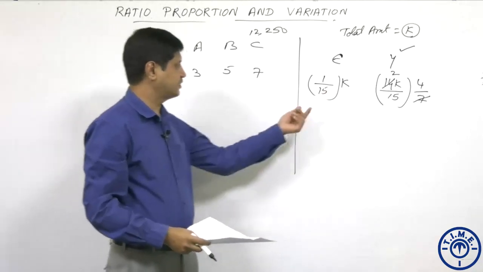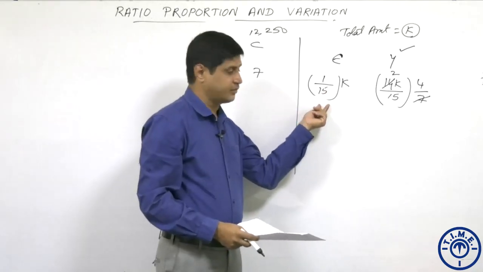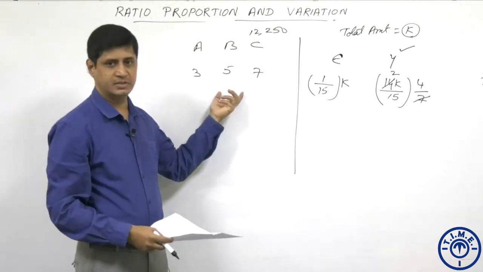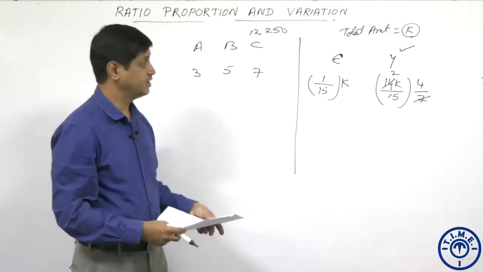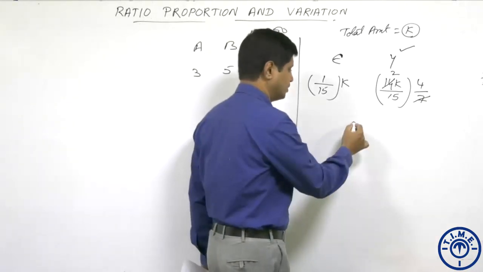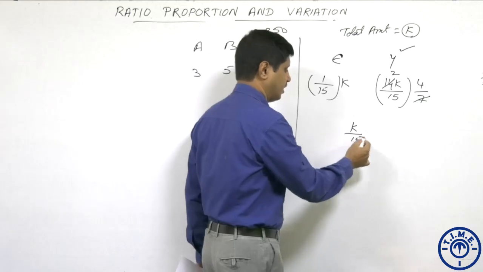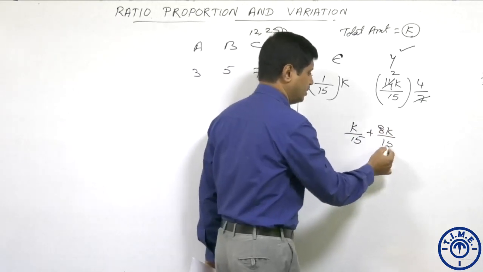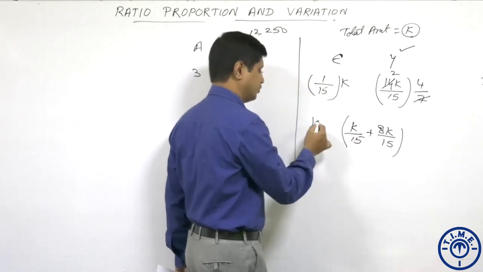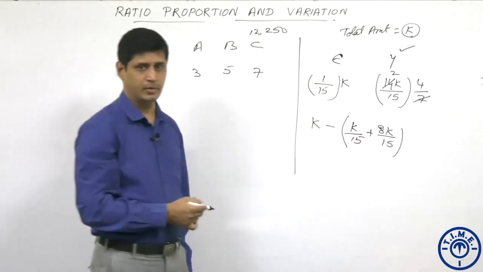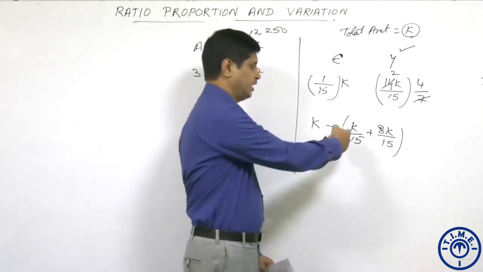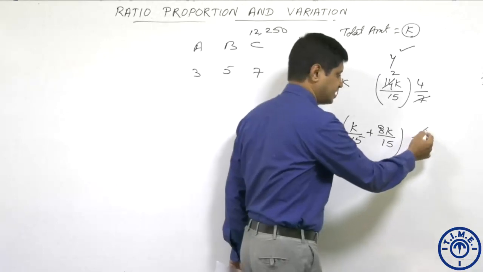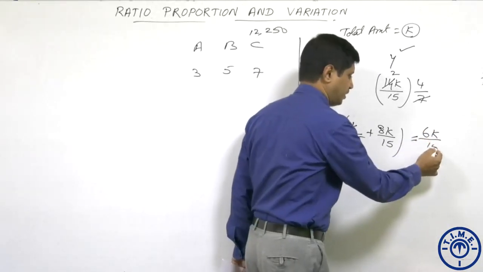Now, after giving the shares of the elder and younger, the remaining amount is invested in the 3 companies. What is the remaining amount? The elder's value is K by 15, the younger's is 8K by 15. When you subtract from the total value, 9K by 15 subtracted from K results in 6K by 15.